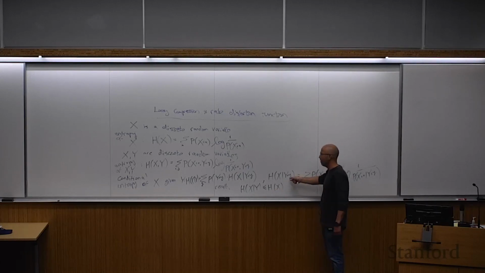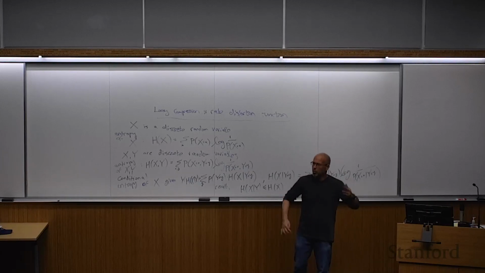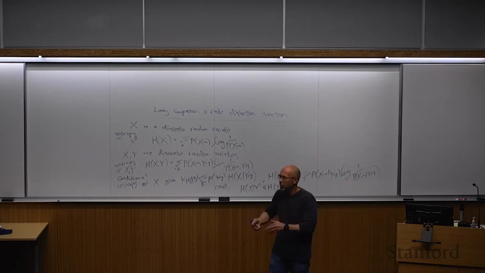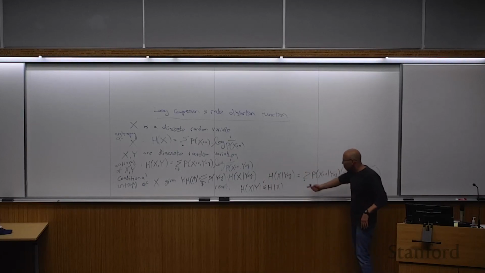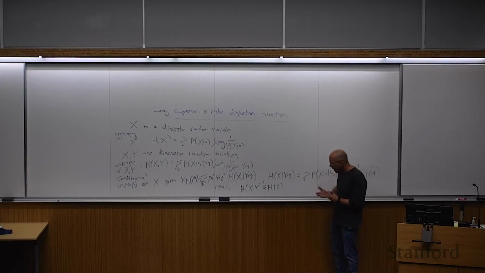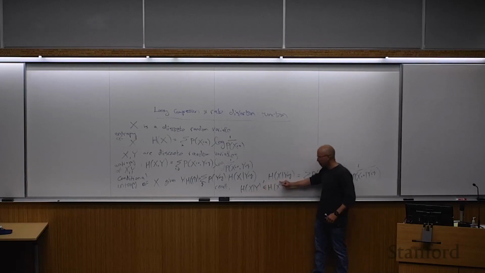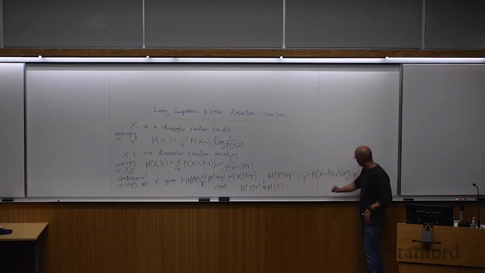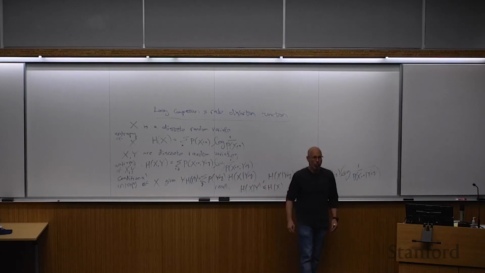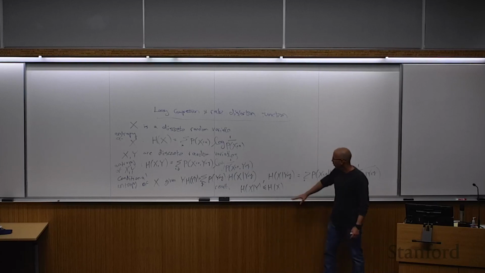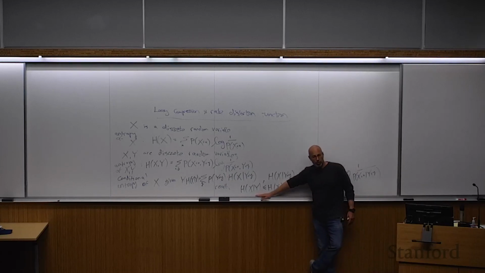Maybe there's some value of y which is kind of atypical and throws you off, and suddenly you see, wait, y assumed that value? All of a sudden you're totally clueless about what x might be. But on average, when you average these over all the possible values of y, and you give them the appropriate weight, then you're always going to have, on average, reduction of uncertainty with knowledge of something. In this case, knowledge of y can only help reduce your uncertainty about x.